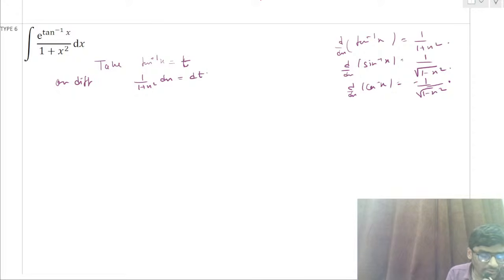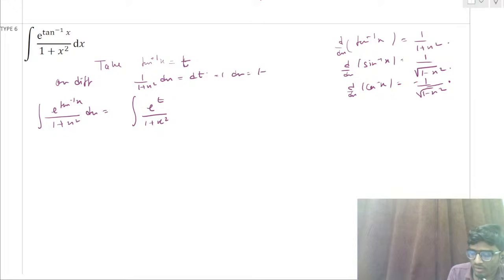So the integral e raised to power tan inverse x upon 1 plus x square dx becomes e raised to power t upon 1 plus x square, and when we write dx equal to 1 plus x square dt, it will be cancelled out.